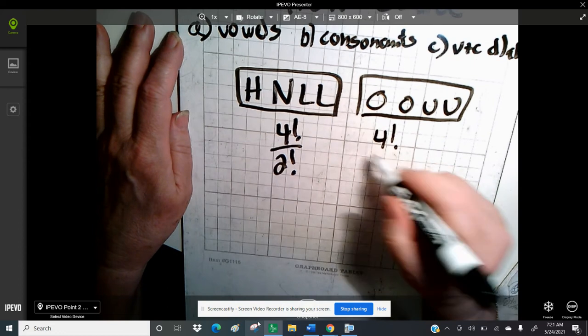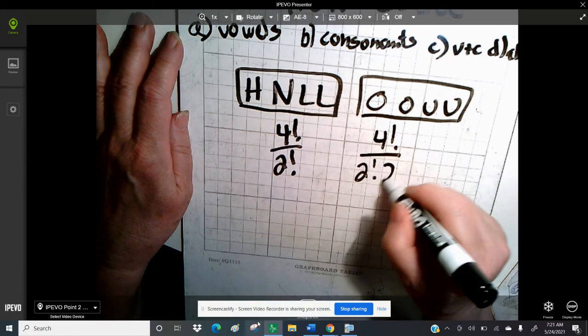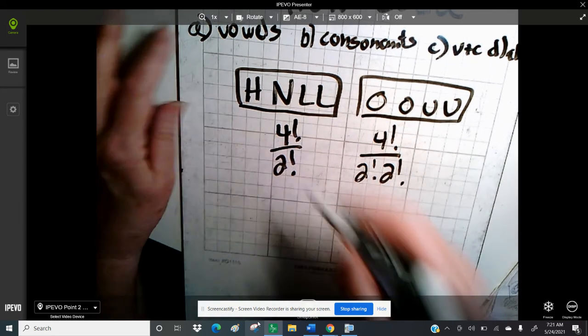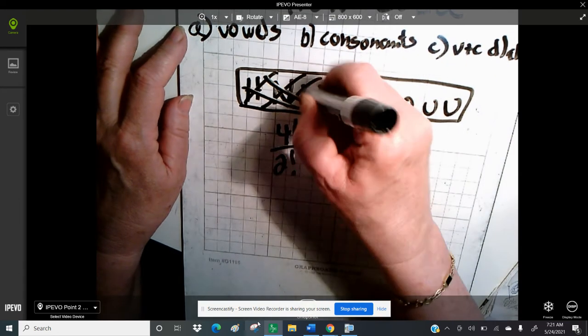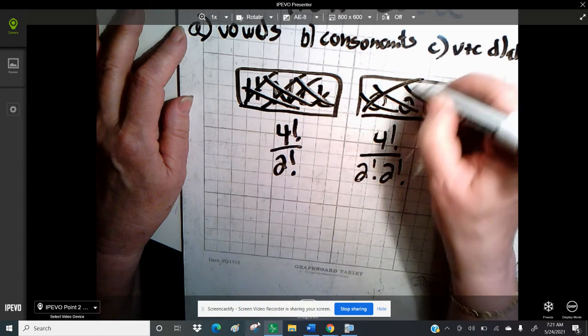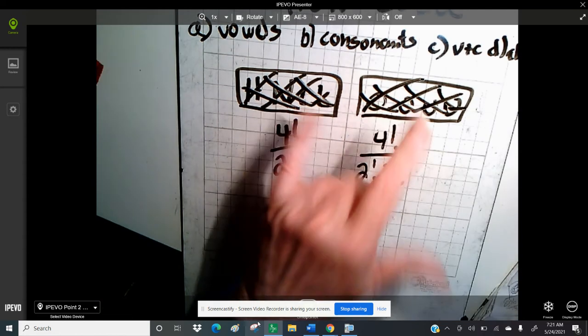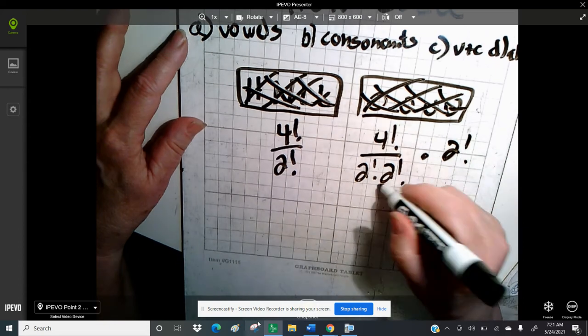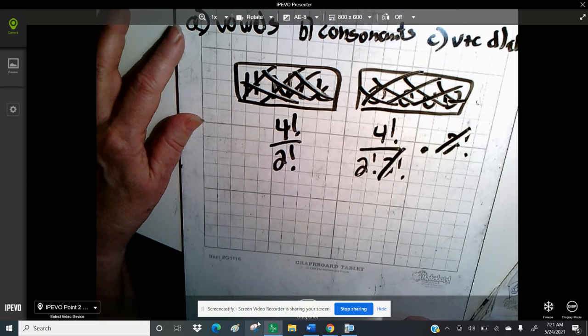And this one here would be 4 factorial over 2 factorial, 2 factorial because I have 2 O's and 2 U's. But then, now I've arranged each box. But now how many ways can I arrange the 2 boxes? Well, this way or this way. So times 2 or 2 factorial. So these 2 factorials will simply cancel out.